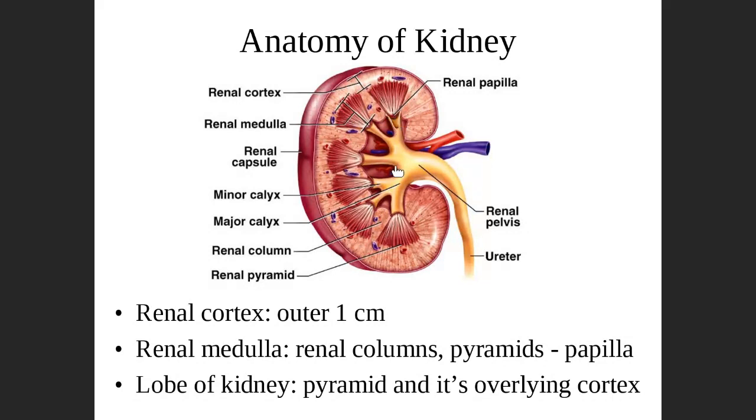Two or three minor calyces become a major calyx, which then fuse into the renal pelvis, then down into the ureter, stored in the urinary bladder, and out the urethra. So the flow of urine, the direction, you need to know as well.